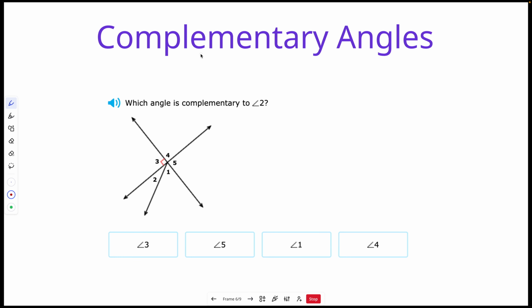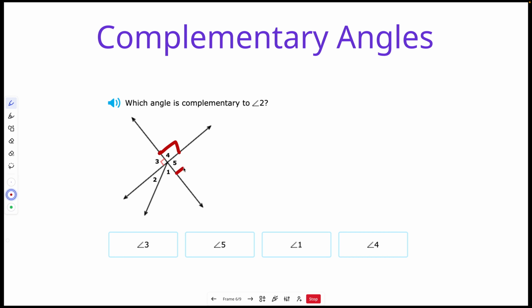All right, complementary angles means that they combine to make a right angle. So we just said a second ago that we know angle 3 is a right angle because of the red square, but also it means that now angle 4 is a right angle. Here, let's use red actually. It means this is a right angle.